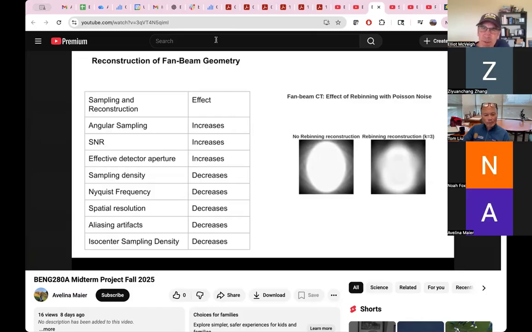But it's surprising that it doesn't look noisier, it just looks blurrier, right? But I guess that makes sense, that it would look blurrier if we're rebinning, you're making your bins larger, right? Is that what's going on here? I don't know. It depends how they do the rebinning, I guess.